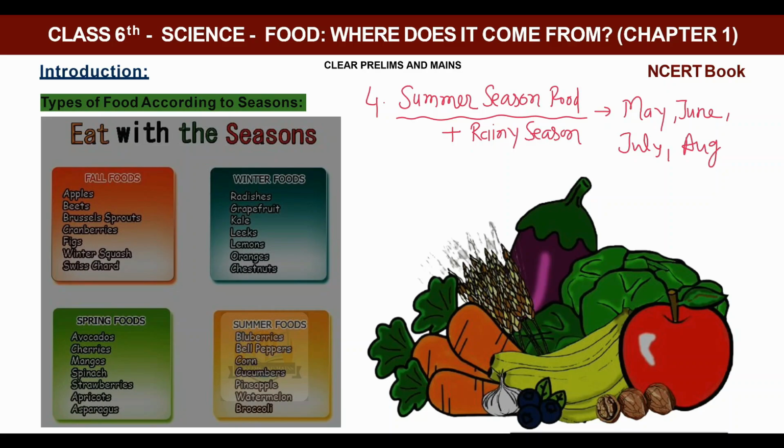In the summer season food, you can have blueberries, bell peppers, corn, cucumbers from the May month, pineapple, watermelon, broccoli. These are the famous summer season foods.